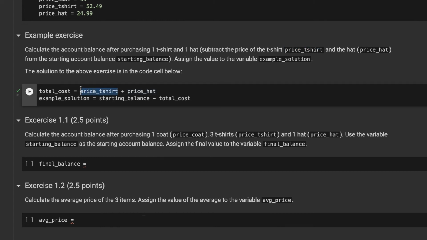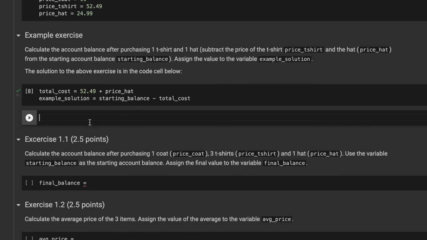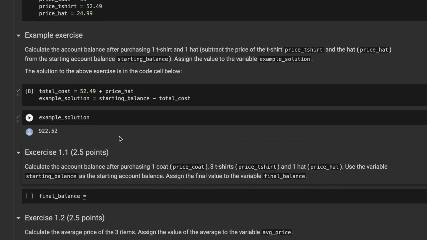Of course, you can solve this exercise also by putting by hand that the price of t-shirt should be 52.49, and you will still get the correct result. And in this week's notebook, this shouldn't make a difference in the tests. I don't promise you that it won't, but it shouldn't make a difference. But later on, this might cause problems.